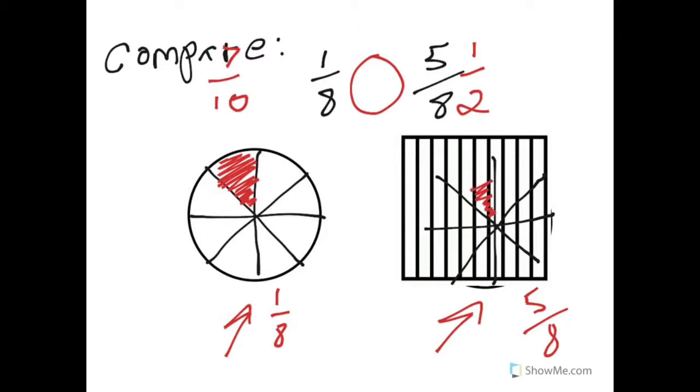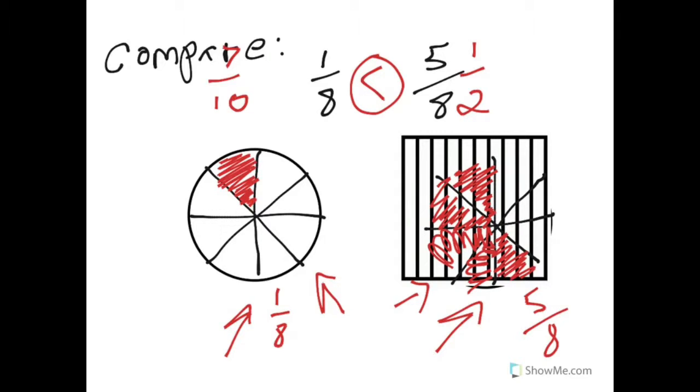So we have 1, 2, 3, 4, and 5. We can see that obviously 5/8, if you were going to eat 5 slices of this pizza, that'd be greater than eating just 1 slice of the pizza. So 5/8 is greater than 1/8. 1/8 is less than 5/8.